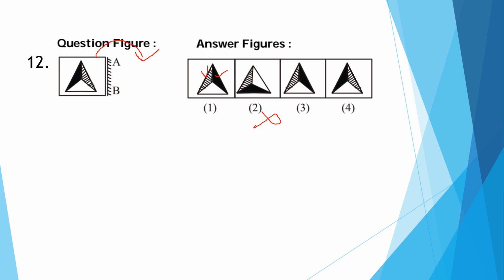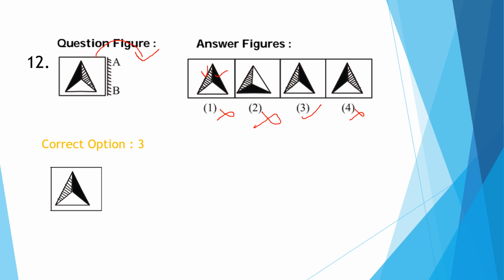Observe the third option: darkness, lines. The fourth option is as it is in the question diagram, so this is wrong. Observe these 1 and 2. In the question figure the lines are as they are, and observed in option 3, so 1 is also a wrong option.